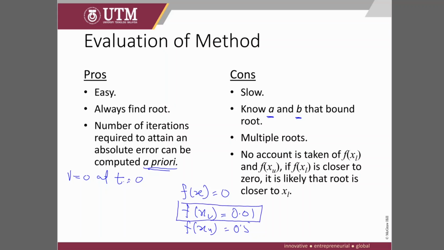But when we are using the bisection method, we ignore this fact. If f(xl) is closer to 0, it is likely that the root is closer to xl. But when we do our bisection method, we ignore this. So that is one of the cons.